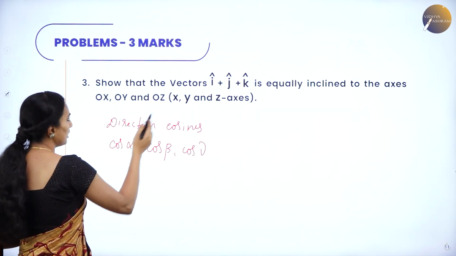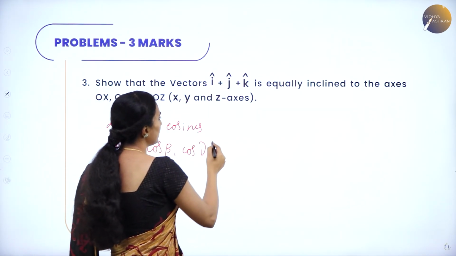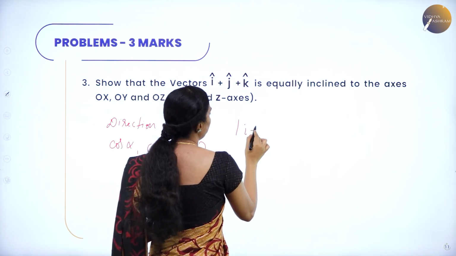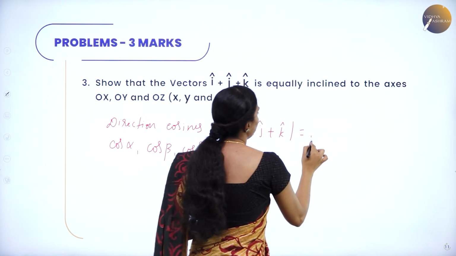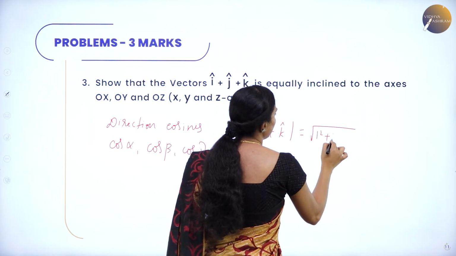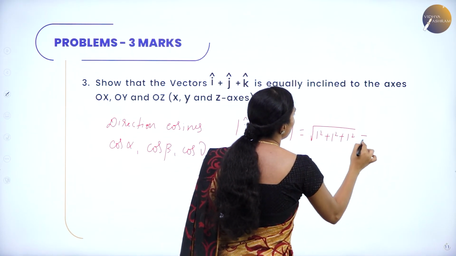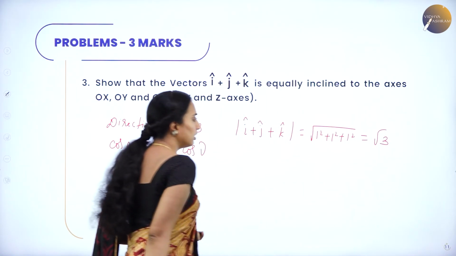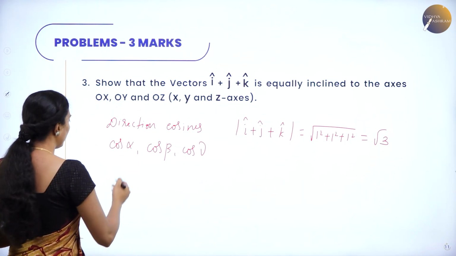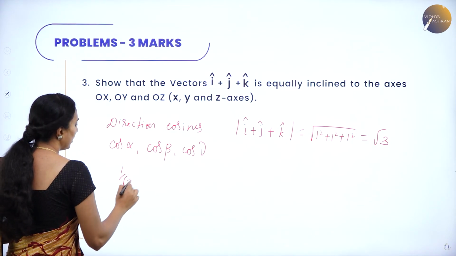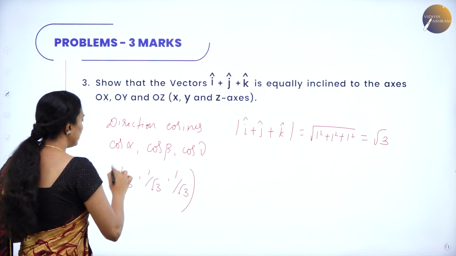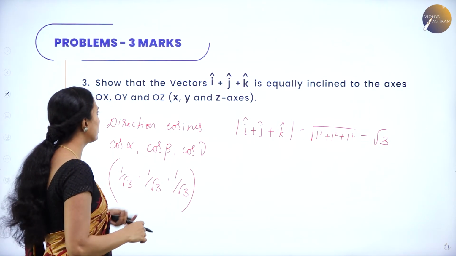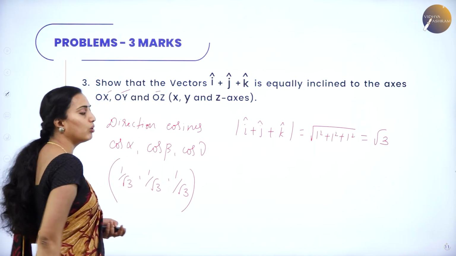The magnitude of i plus j plus k is the square root of 1 squared plus 1 squared plus 1 squared, which is root 3. So the direction cosines are 1 by root 3, 1 by root 3, 1 by root 3, which shows it is equally inclined to the axes OX, OY and OZ.